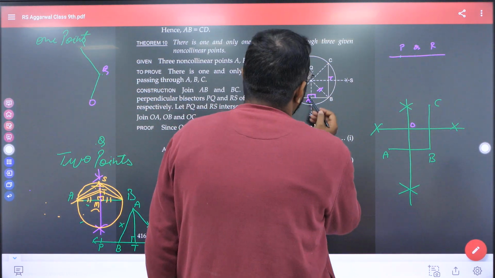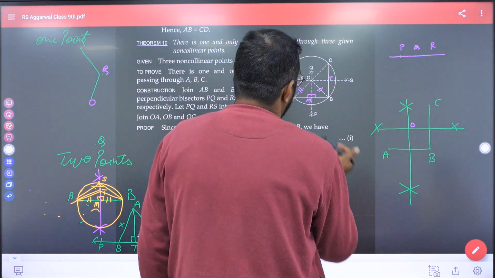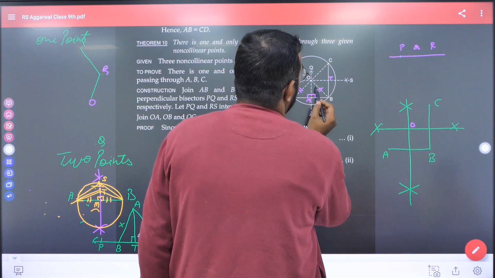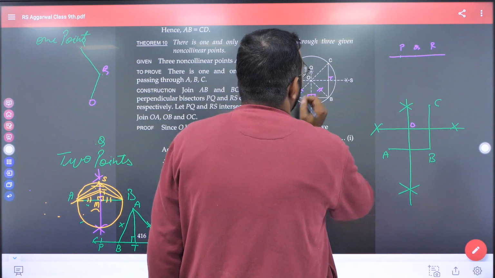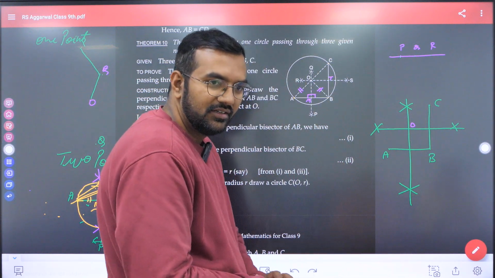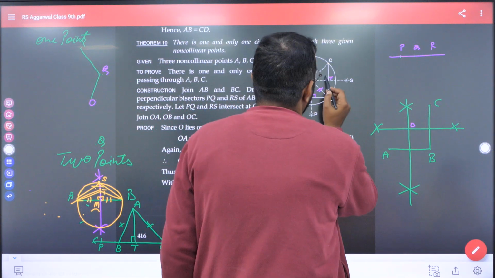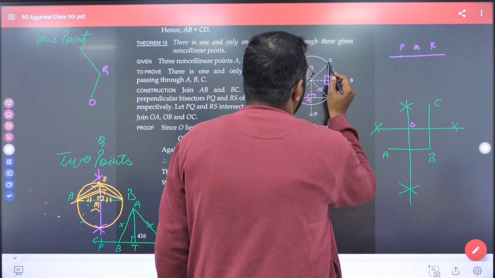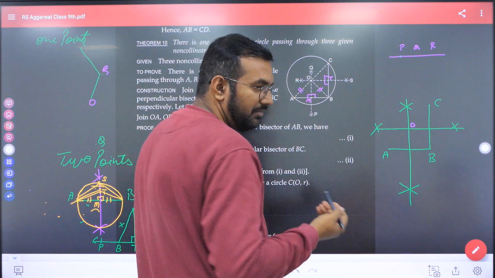Similarly, triangles OTB and OTC are also congruent in a similar way: here is 90 and here is 90, OT is common, and CT is equal to BT because RS is the bisector.